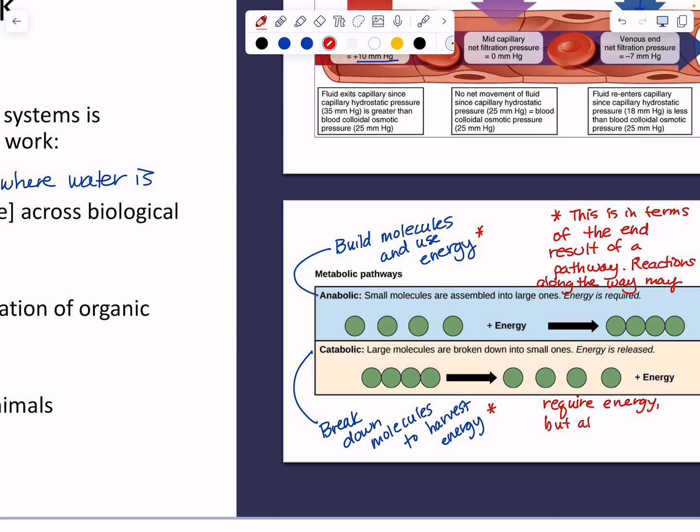But at the end, anabolic pathways use energy and catabolic have a net gain. So those asterisk statements are the net of that type of pathway, not any individual reaction.